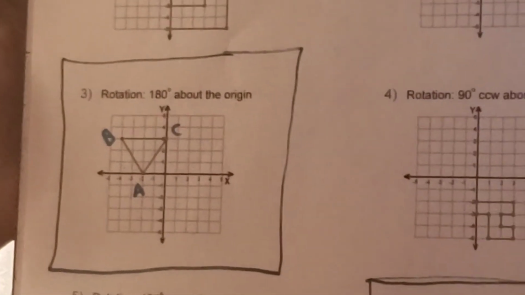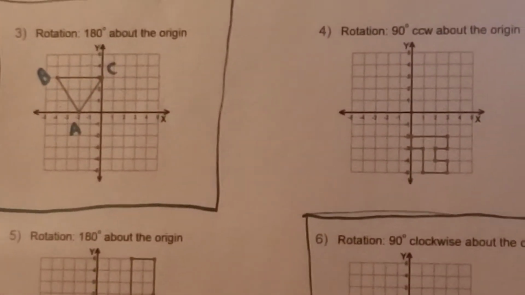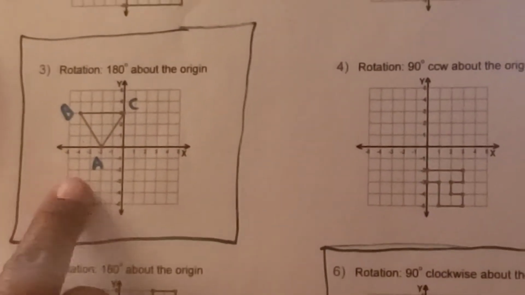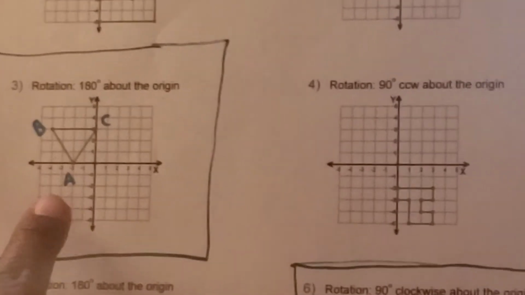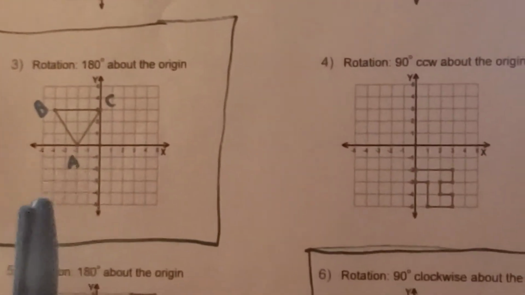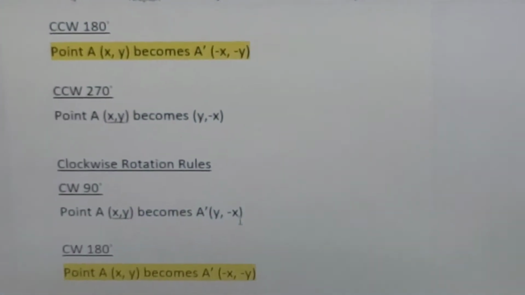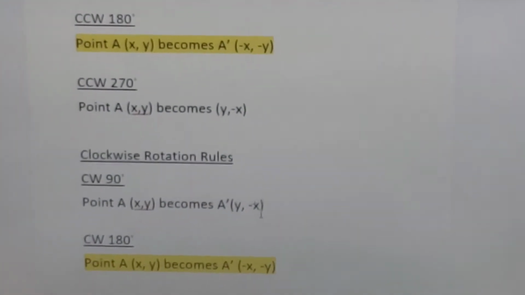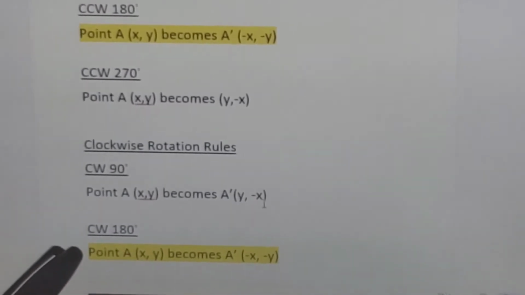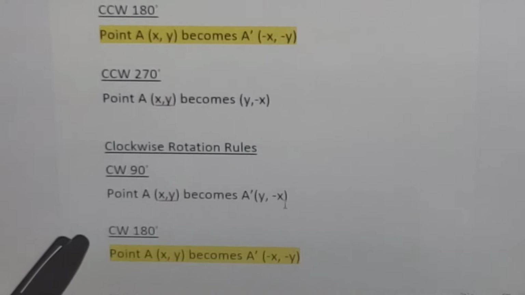On number 3, it says rotate 180 degrees about the origin. So we have triangle, and I've already labeled it to make it easier, A, B, C. Looking at the rules, the 180 degree counterclockwise, which I abbreviate CCW, or 180 degrees clockwise, which I abbreviate CW, is the same.